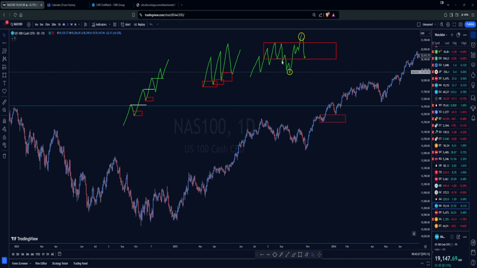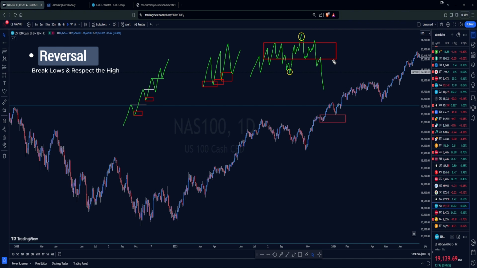This is the moment where maybe the buyers are starting to lose control completely, and the sellers are starting to gain more control, and eventually you can have the push to the downside, getting into this reversal phase.